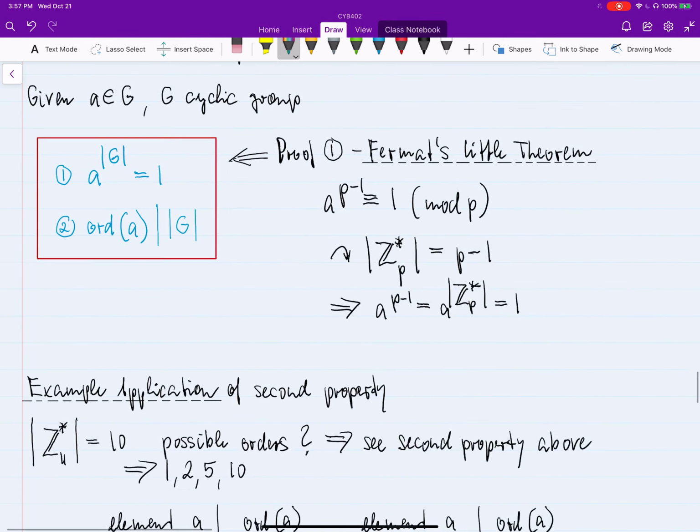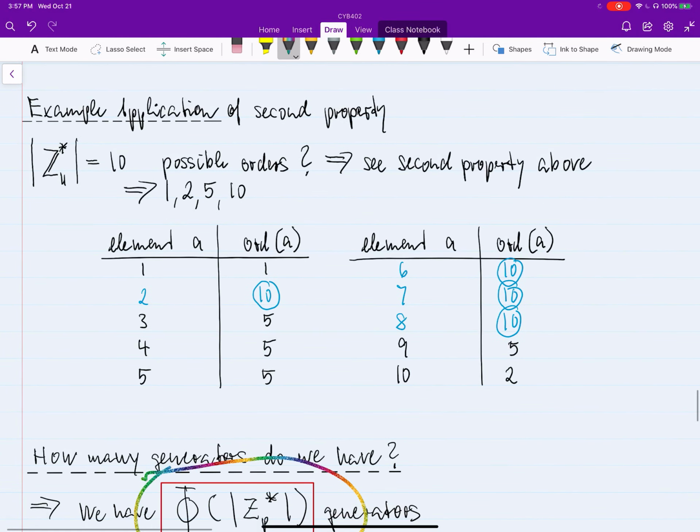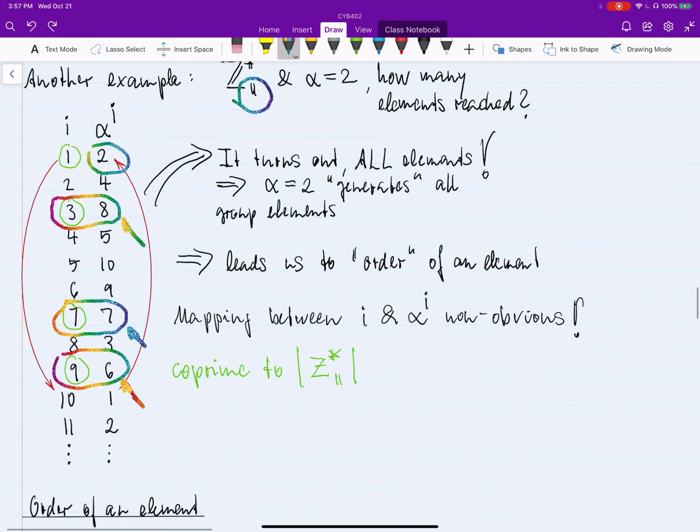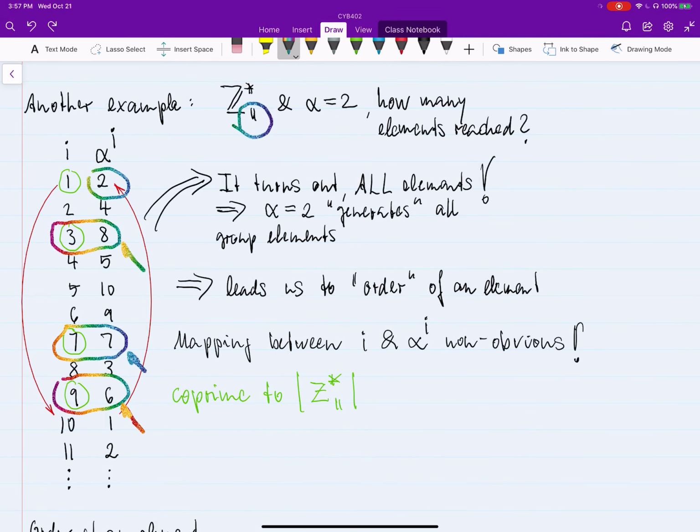So look at 2, of course, is 6, 7, and 8 are generators as well. How did we generate them? Well, we generated them by putting a generator that we already had to the powers of the elements that are relative prime to the group order.